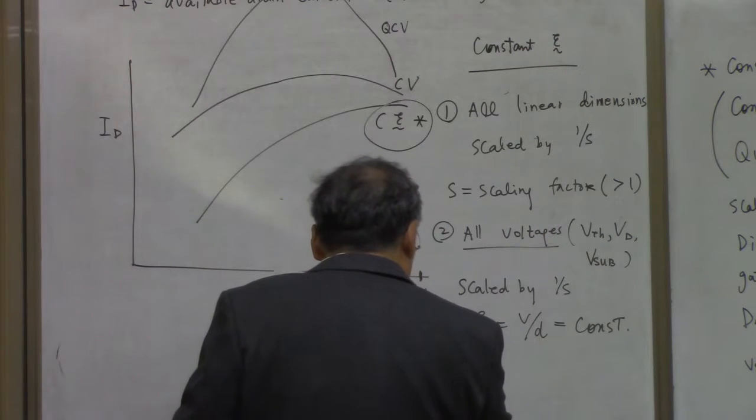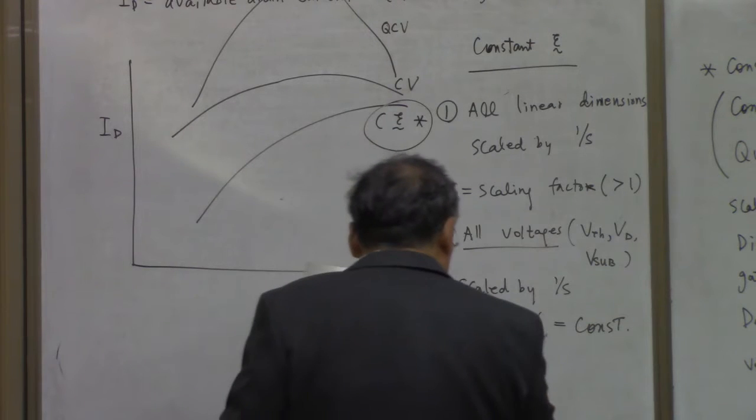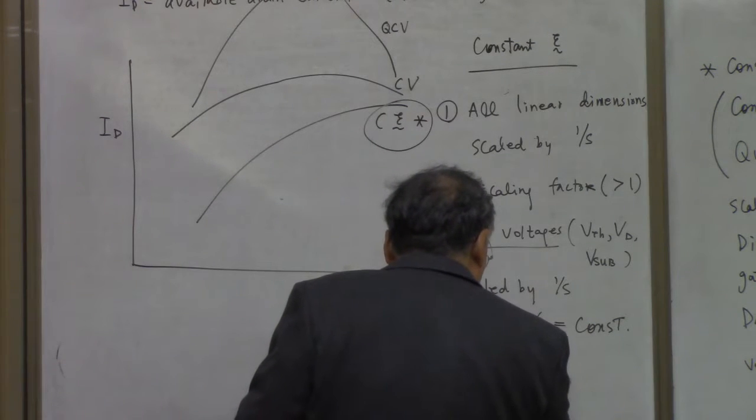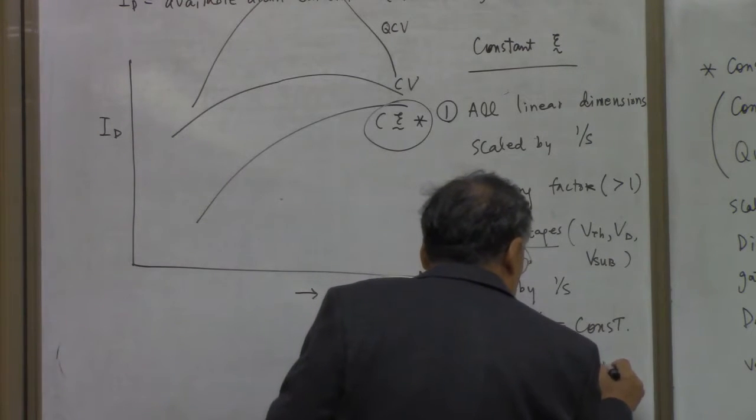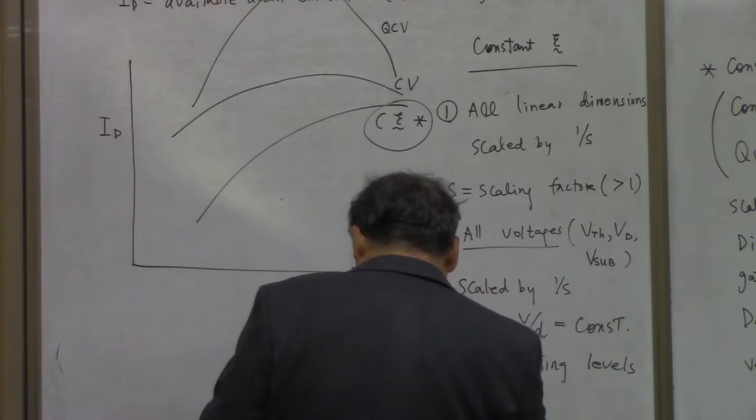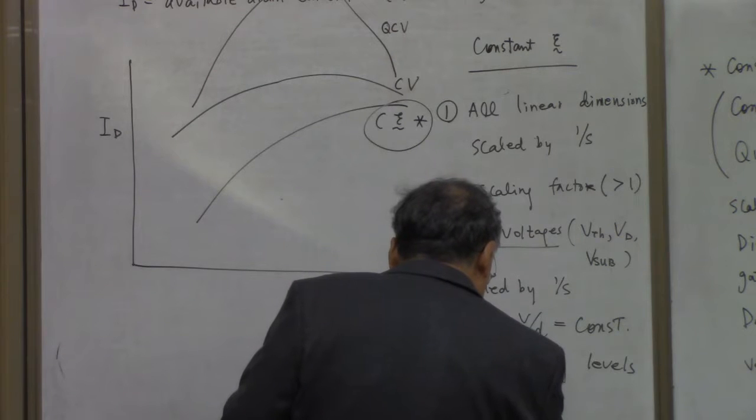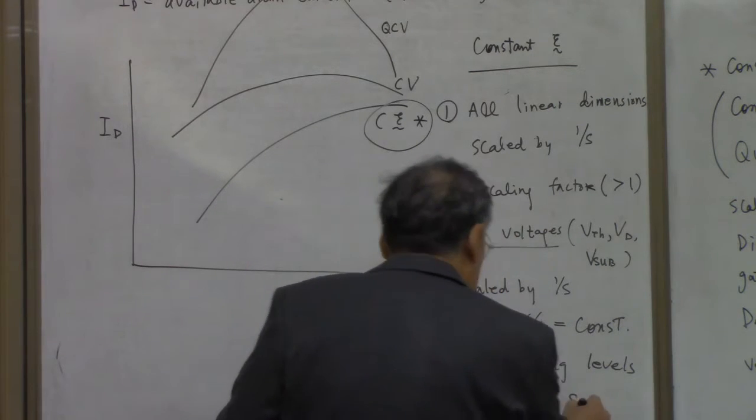And number 3, the important thing, is all doping levels are scaled by S.